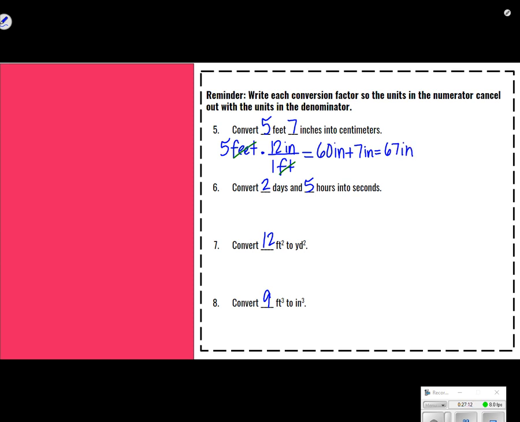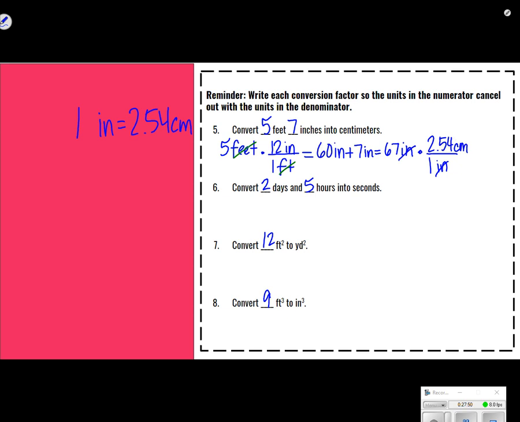So it's like you have to do a little bit of a conversion, and then you're going to have to combine those same measurements, and then you got to keep converting. So now we're going to go from inches into centimeters. 1 inch, there are 2.54 centimeters. So I don't have too much further to go. All I've got to do is multiply that by 2.54 centimeters over 1 inch.